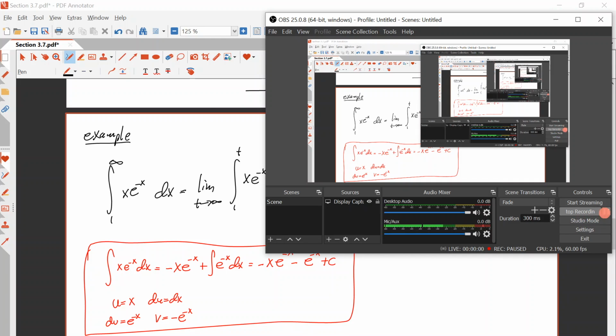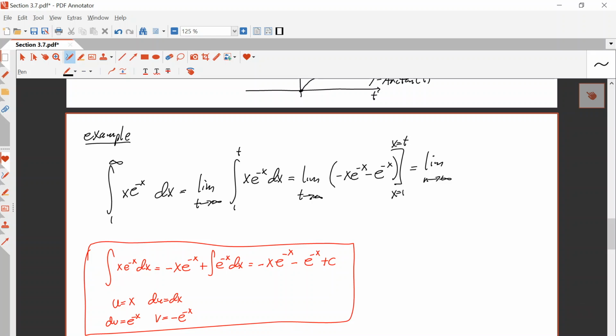One moment. Okay, so evaluating this between 1 and t, we have minus t e to the minus t minus e to the minus t, and then minus evaluating this at 1. I can do it at 1.